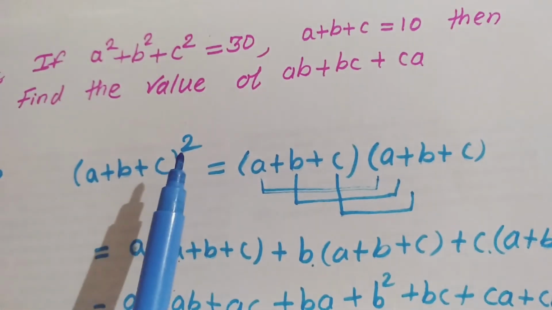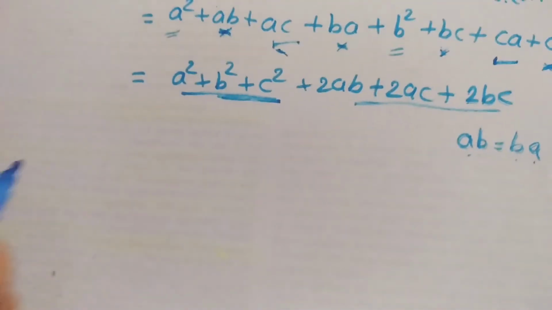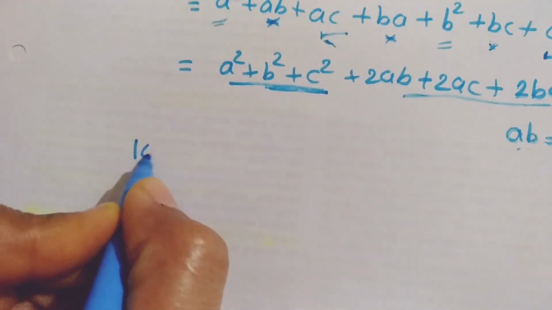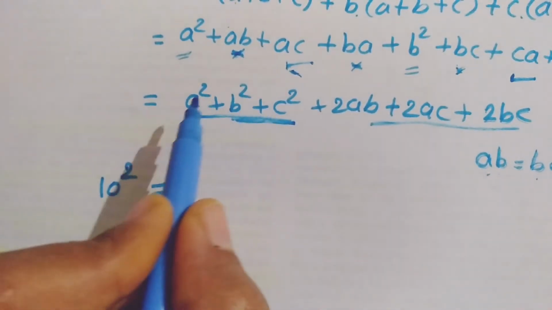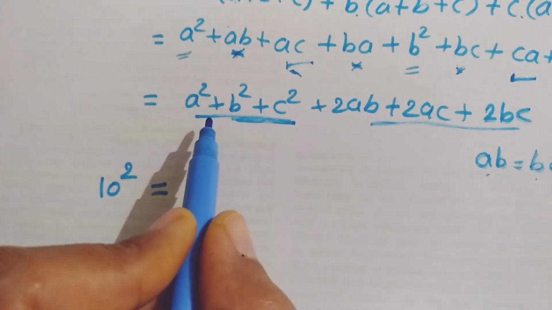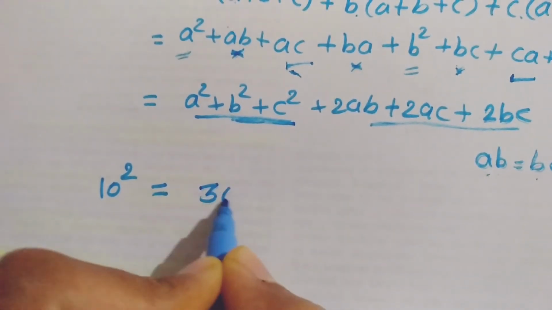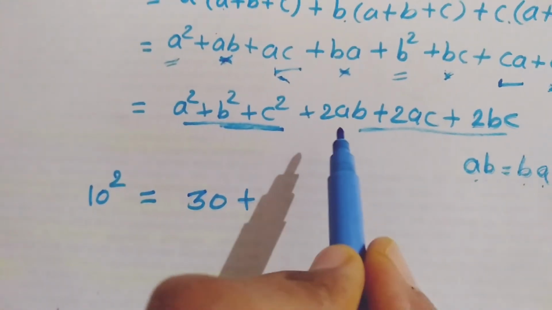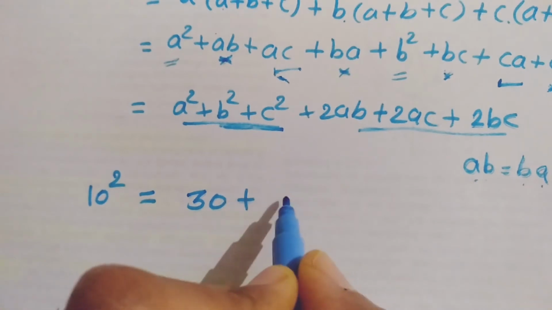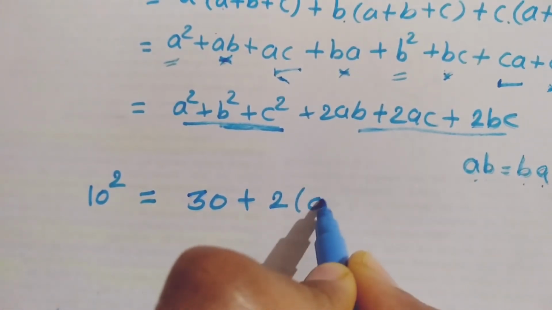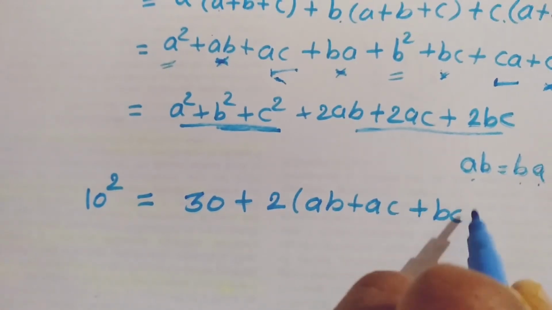So here bracket square, so we can write left hand side is 10 square, and here 10 square is equal to, in the right hand side put the value of square terms, that is, addition of these square terms is 30, plus remaining term is 2 times, all these 3 terms contain 2, so you can take 2 common, remaining is ab plus ac plus bc.